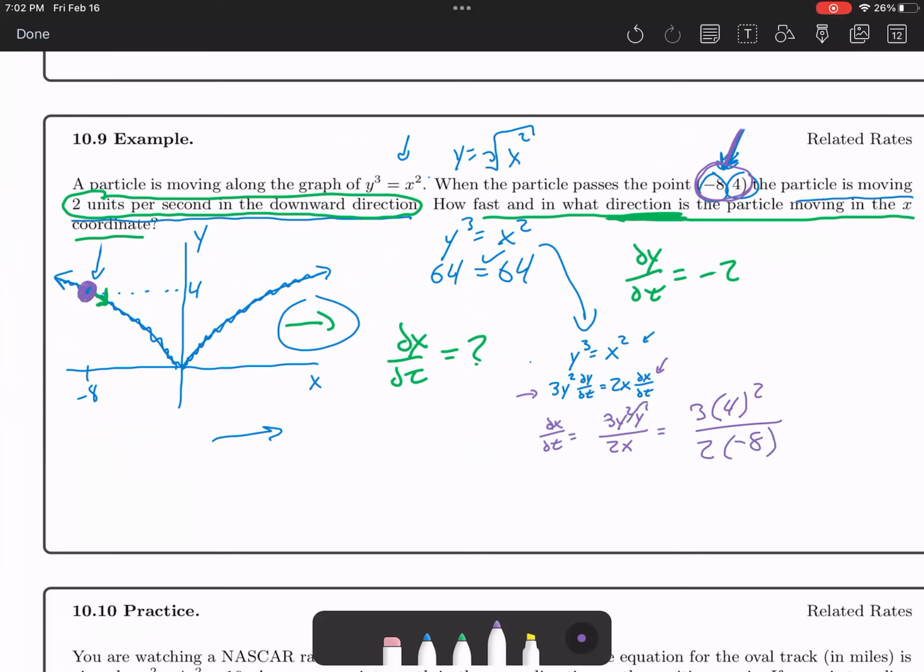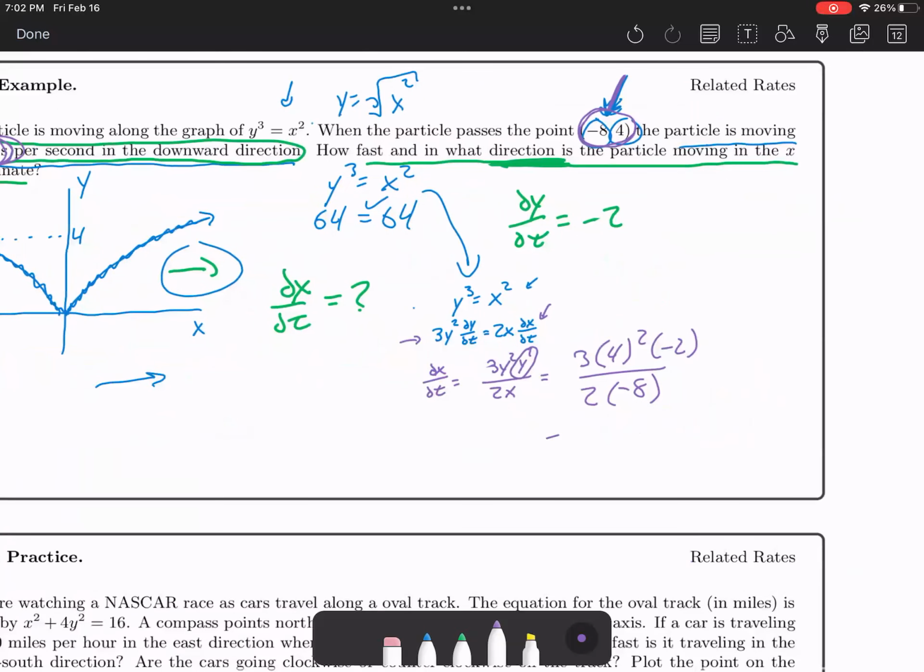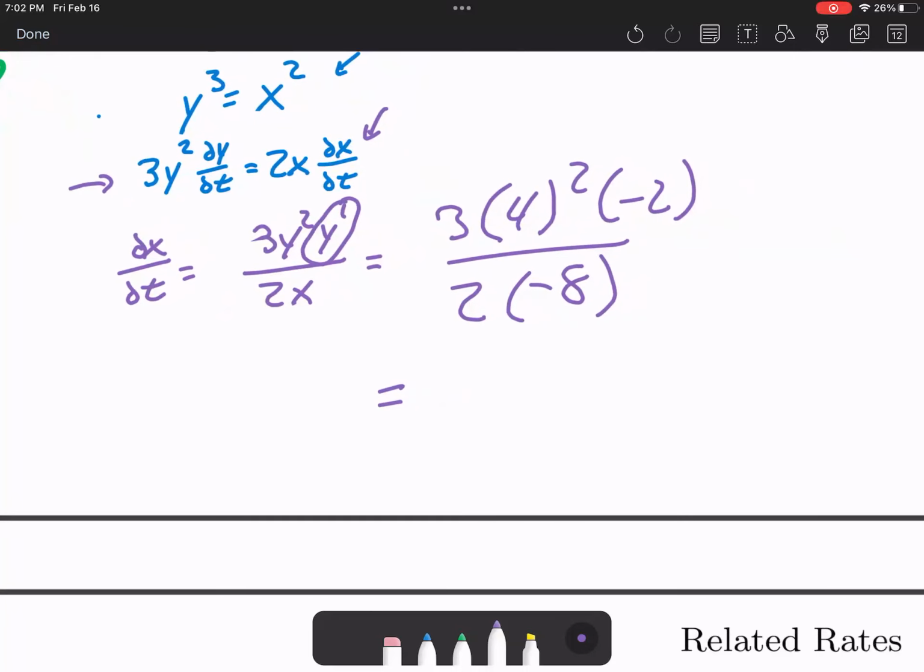And then the y prime, how fast are we traveling in the y direction? That was given to us in the problem, 2 units per second in the downward direction. So -2. And now we just have a bunch of algebra to solve. So we end up at 3 times a 16 times a -2 over a -16.